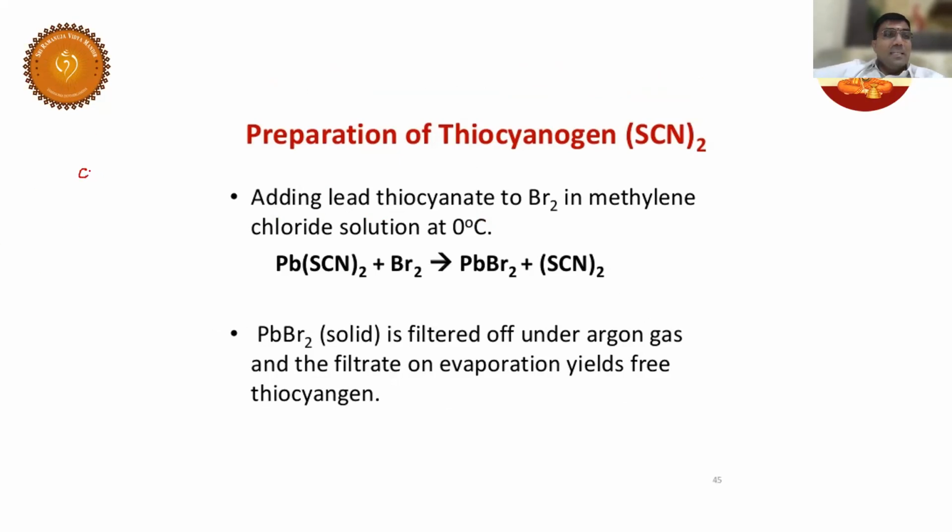CN is called, everyone, come on, help me. CN is called cyanide. Very good, cyanide. NC is called isocyanide. NCO is called cyanate.